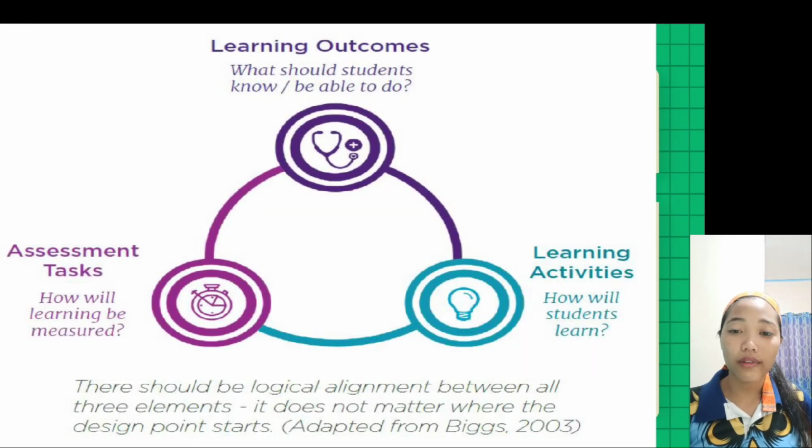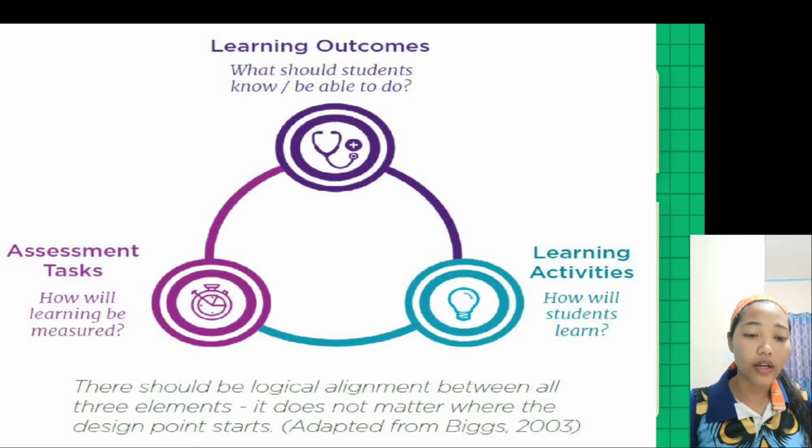So in constructive alignment, there is an illustration as I attached on the screen. There are three principal components of constructive alignment here, which are the learning objective, learning activity, and assessment task.